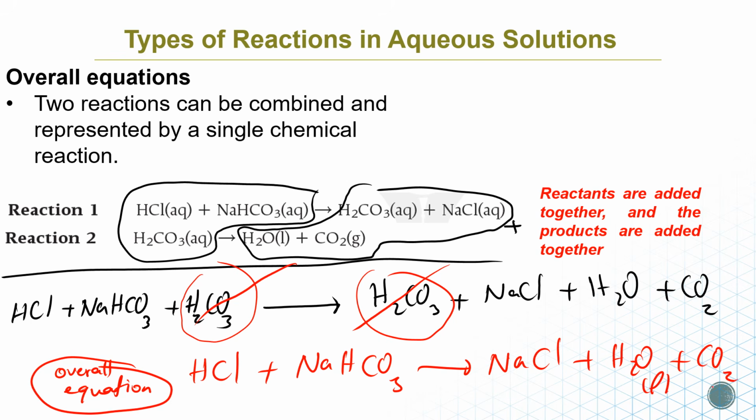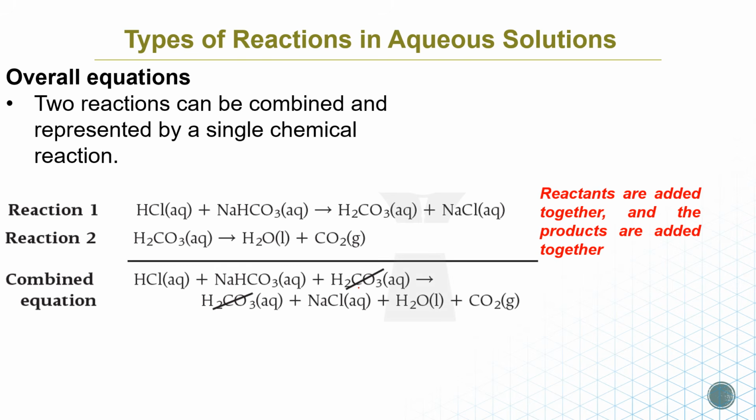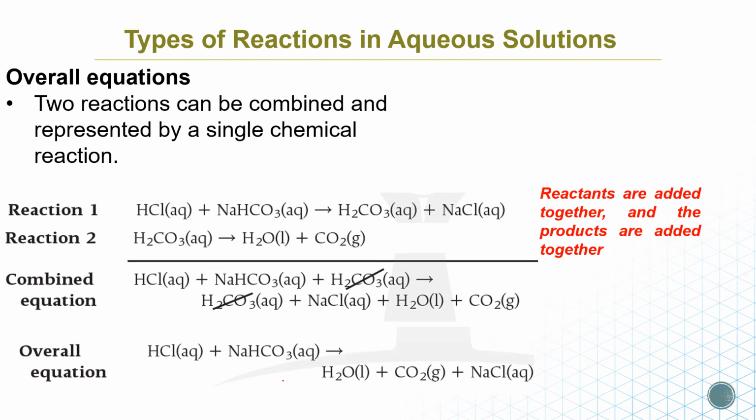This is liquid, this is gas, this is aq, this is aq, this is aq. So basically that's what happened, guys. We remove the similar things on the right and on the left. This is the combined equation and this is the overall equation.